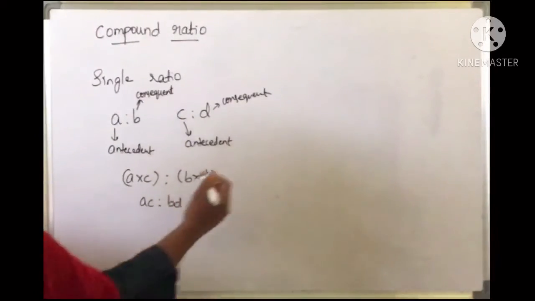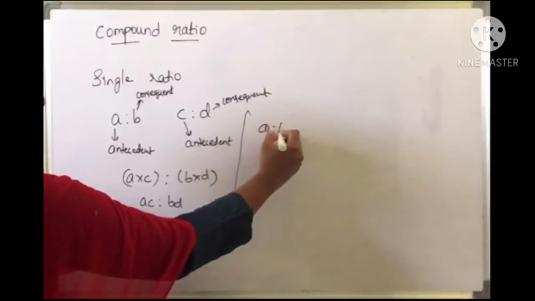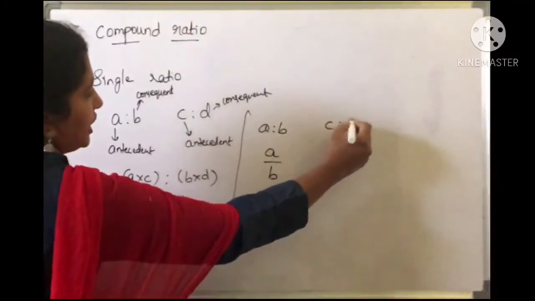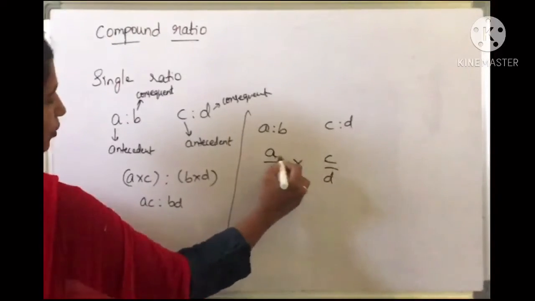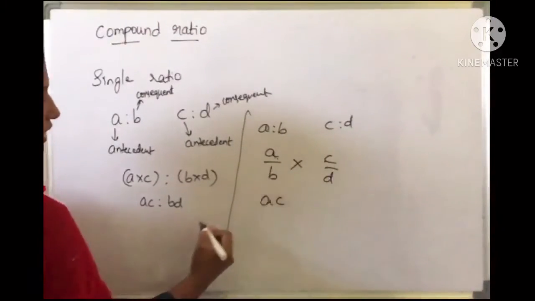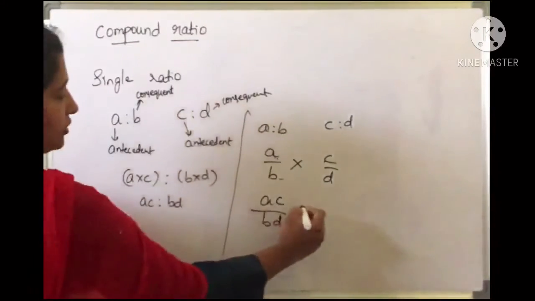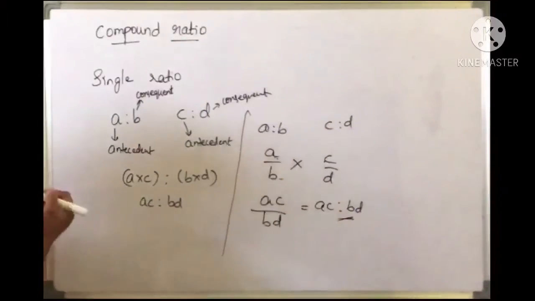If you take it as a fraction, suppose A is to B can also be written as A by B, and C is to D can also be written as C by D. So when you multiply both the antecedents AC and both the consequents BD, then AC is to BD is the compound ratio of these two ratios.